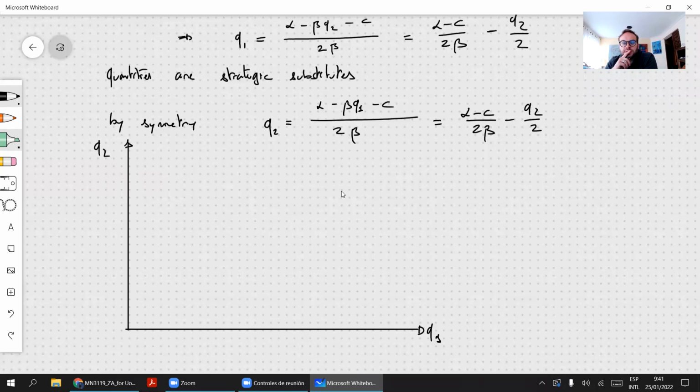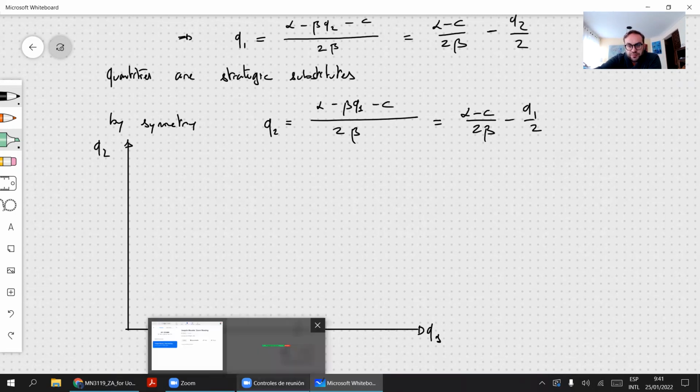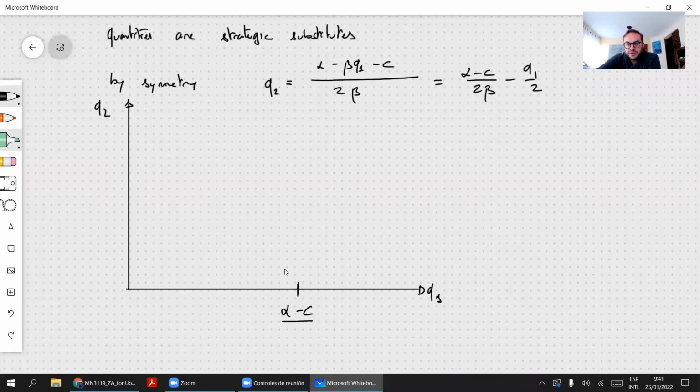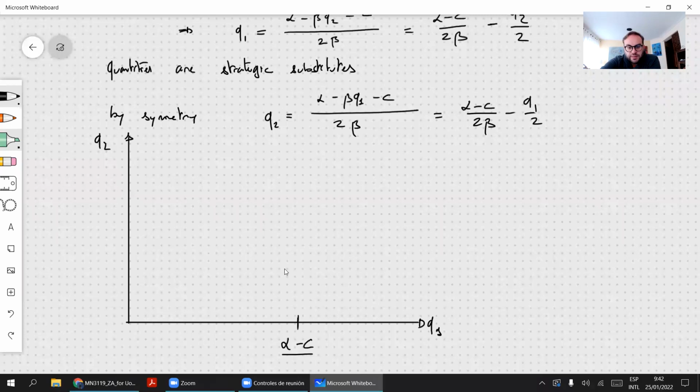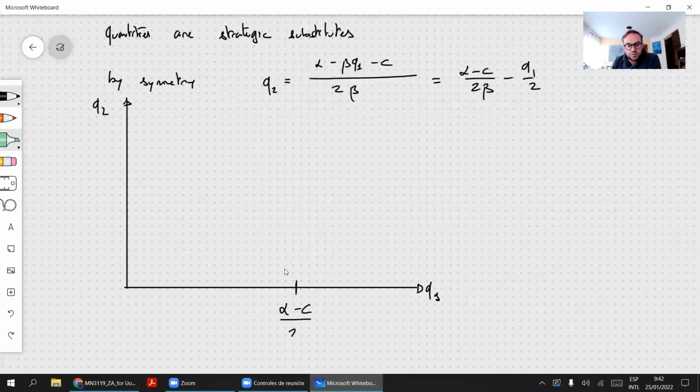So this tells us q1. So, best response function of 1, what happens when q2 is 0? When q2 is 0, this is valued alpha minus c divided by 2 beta.